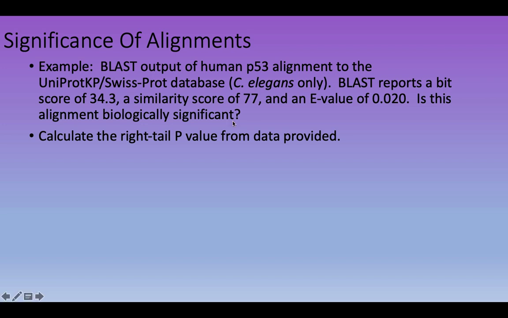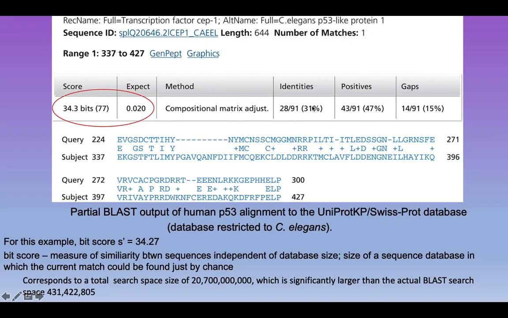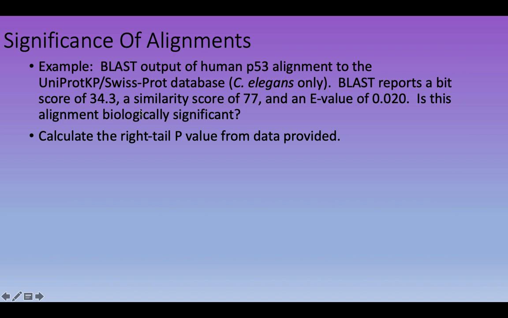So again, I have this case where BLAST reports a bit score, a similarity score of 77, and an e-value of 0.2. I want to know if this is biologically significant. So how do I calculate the right-tailed p-value for the data provided?